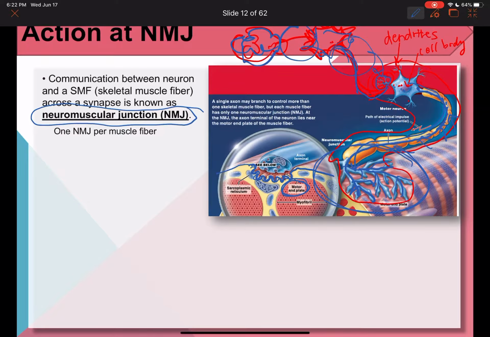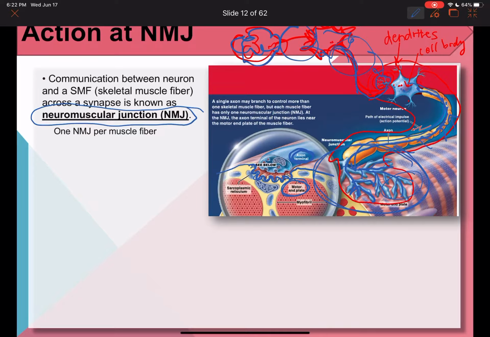Think of it as on the muscle side for the motor, and a plate, a little plate for the neuron axon terminals to sit on. Okay, so these are the nubs that you're seeing right there, and one of those is called an axon terminal, and the axon terminal is what sits on top of the muscle fiber, not the axon or the myelin sheath or the cell body of the neuron, just the axon terminal that's sitting in the motor end plate.